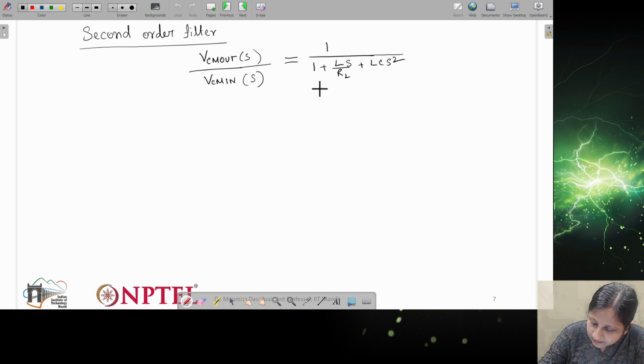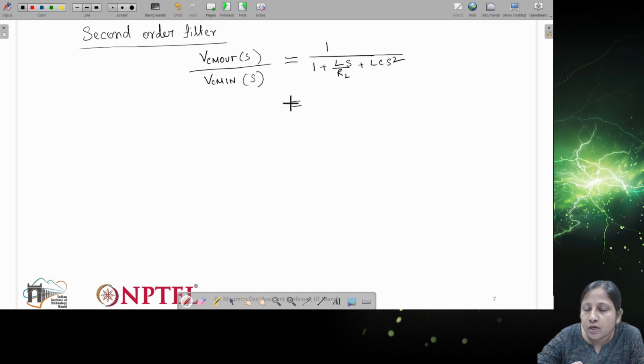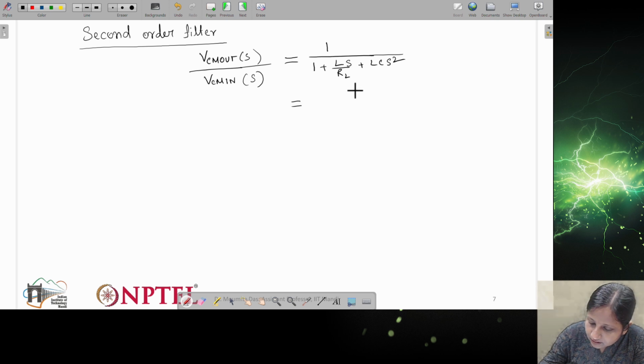Once we have the equation, we can simplify it in terms of radian frequency. Then we can write 1 by 1 minus LC omega square plus j omega multiplied by L by RL.